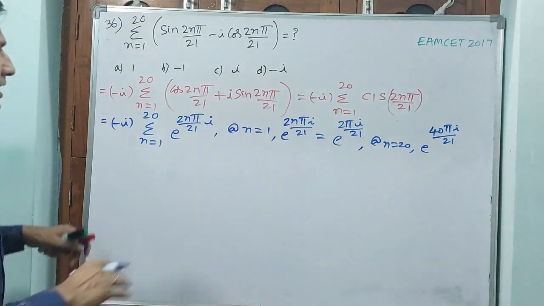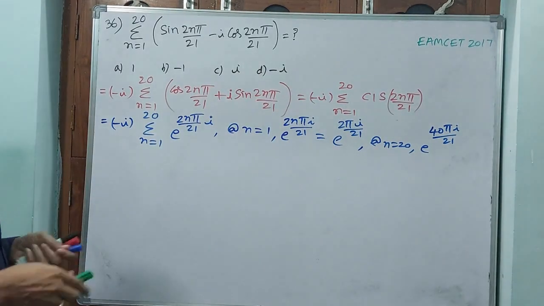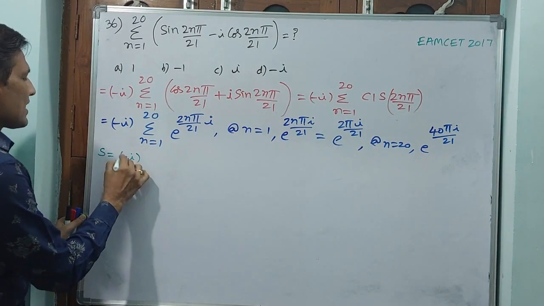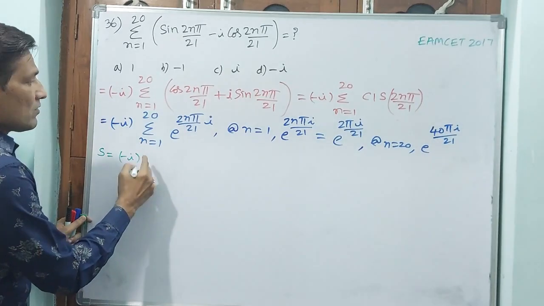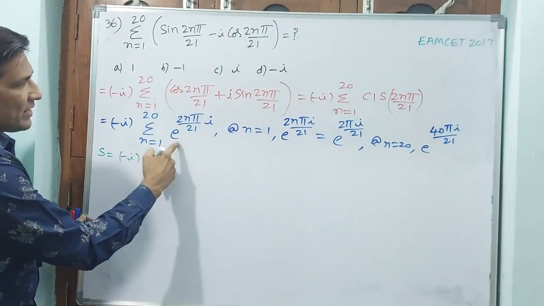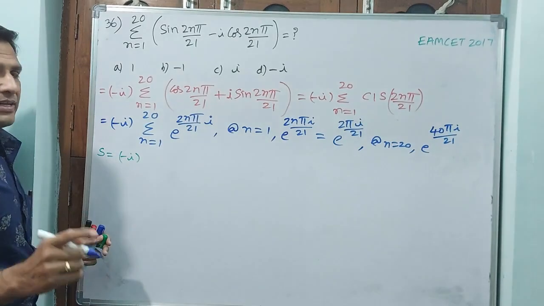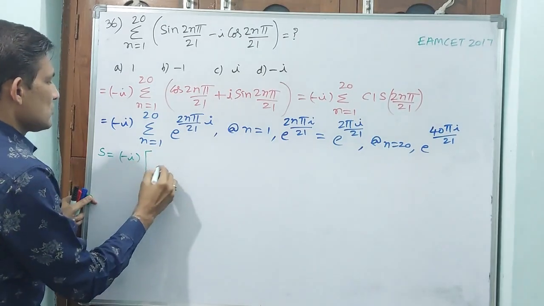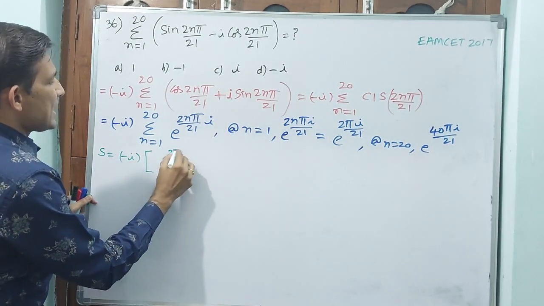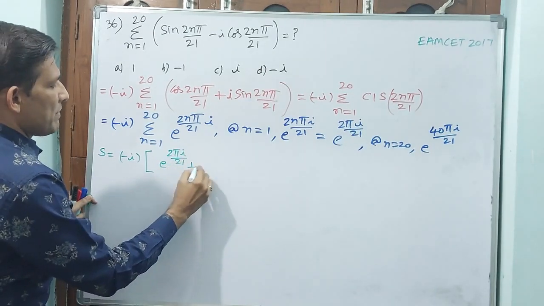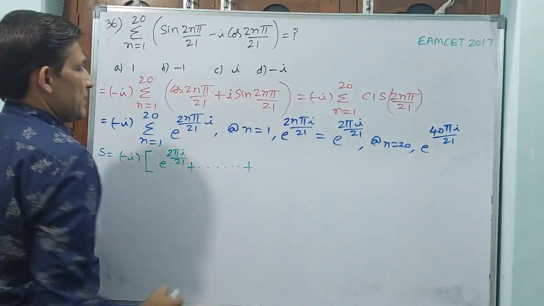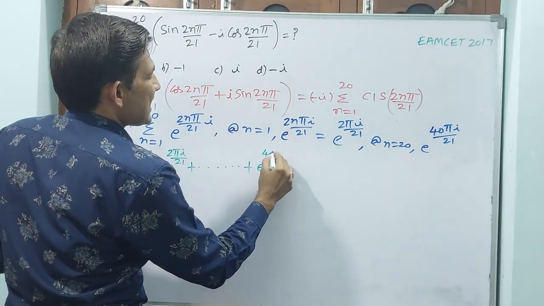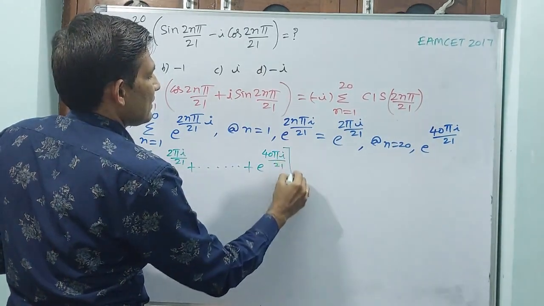This is there. Now once again I am writing this question. How am I writing it? Let me take the sum equal to minus i. Now sigma will not be there. Now we are writing e power 2πi/21 plus, because summation we are doing, e power 40πi/21.